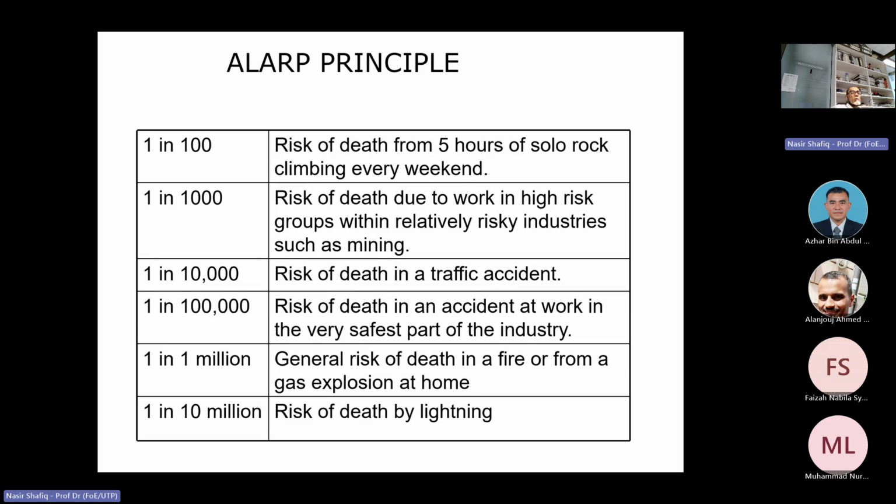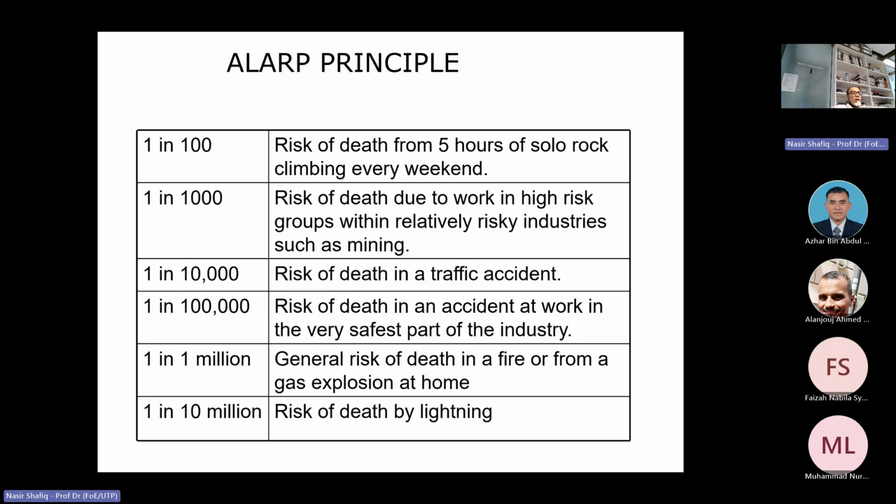The risk of death due to work in a high risk group within relatively risky industries such as mining: the people working in mining carry a risk of 1 in 10,000. In 10,000 events, one fatality.